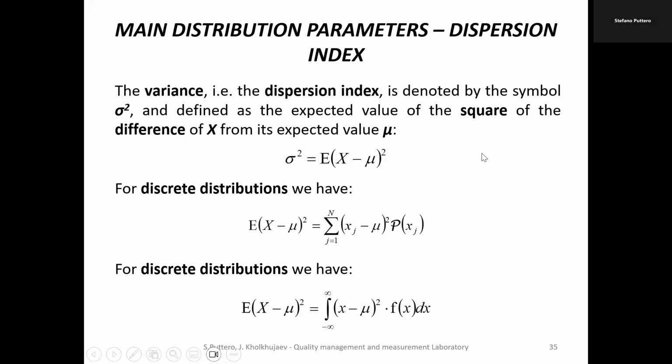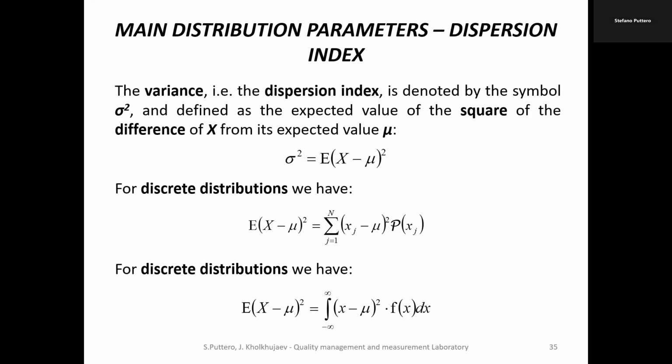So let's see some example. An important thing to say, just a curiosity, is why we are using the square. Because if we do not consider the square of the difference from the expected value, we have a problem with the contributions.